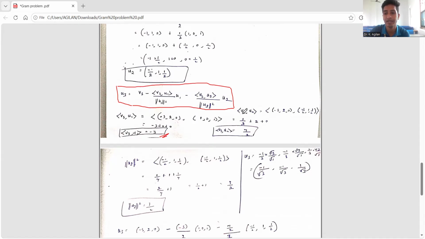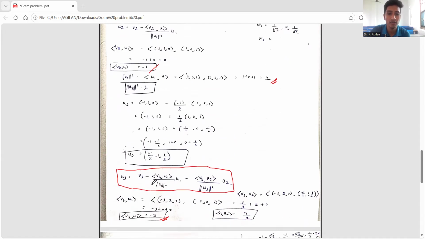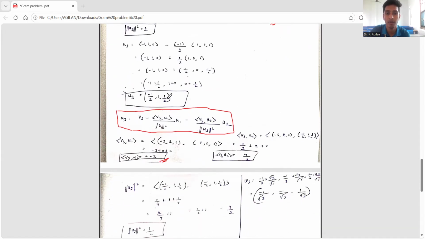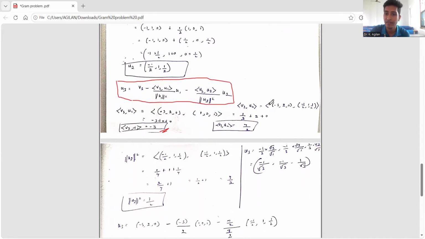Similarly, we can find the inner product of V3 comma U2. V3 value is minus 3, 2, 0 comma U2 value. What is the U2 value? Minus 1 by 2, comma 1, comma 1 by 2, right? So again, we operate simple mathematics. Minus 3 into minus 1 by 2 is 3 by 2, plus 2 into 1 is 2, and 0 into 1 by 2 is obviously 0.